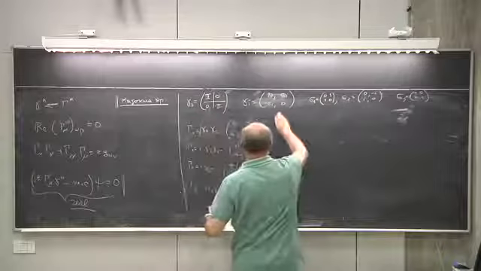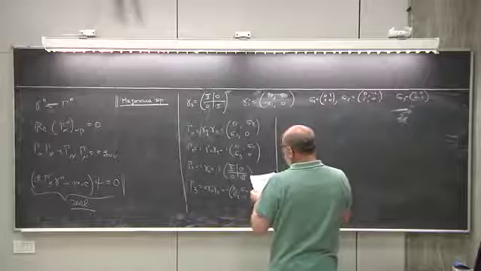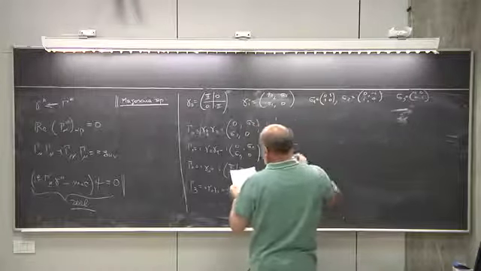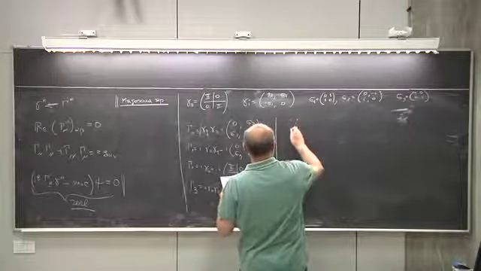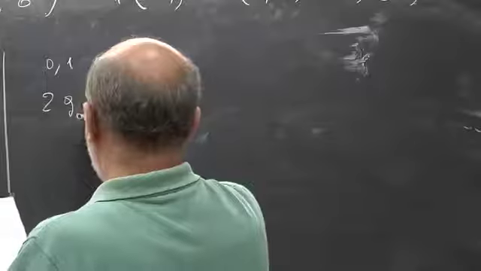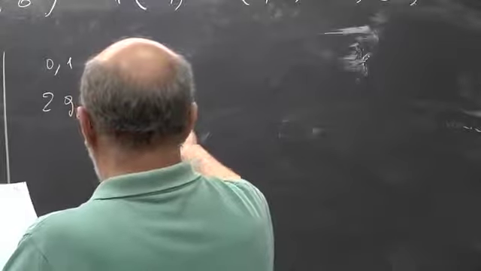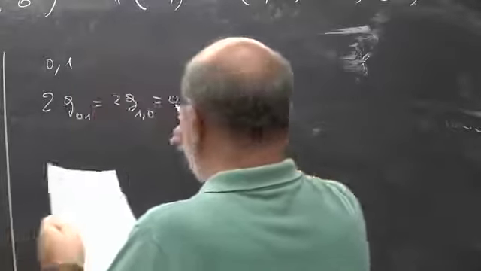Let's just do one example. Let's take, for example, 0 and 1. Then let's check this for 0 and 1. That means the anticommutator G 0, 1. This is equal to 2 G 0, 1, and this equals 0.